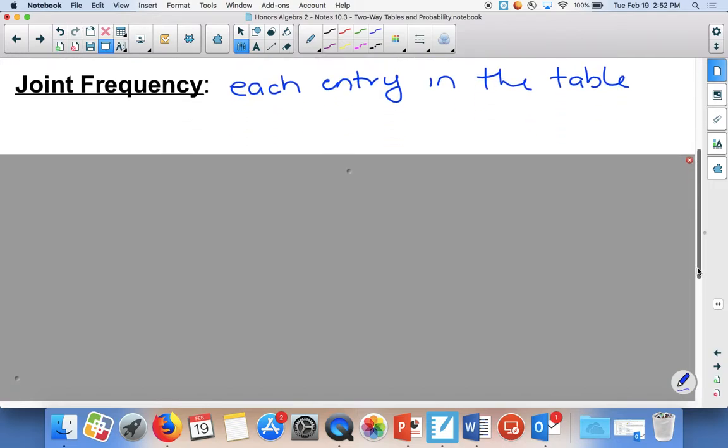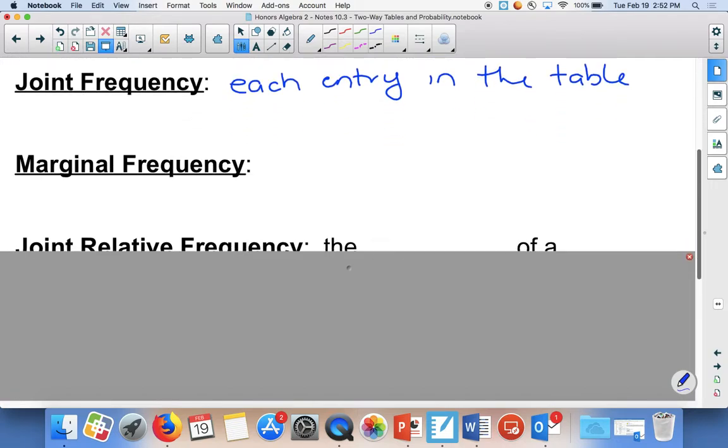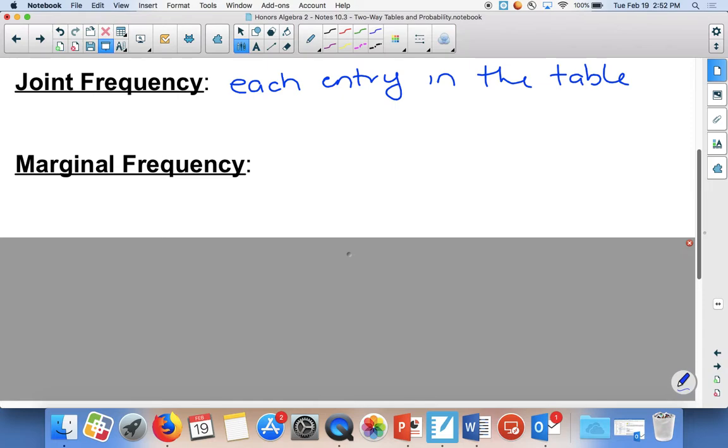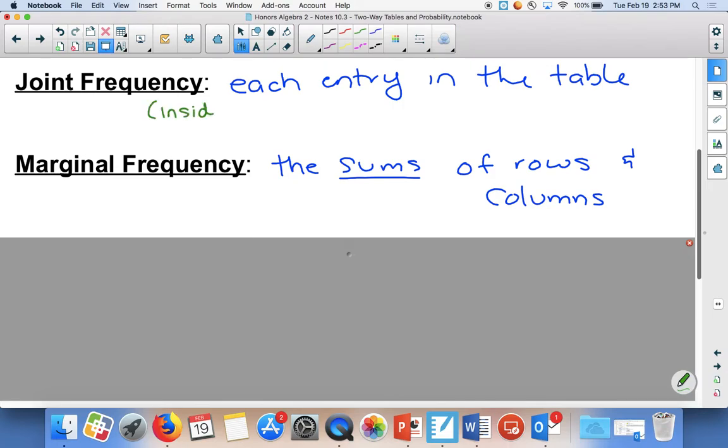Now, the difference between a joint frequency and a marginal frequency: the marginal is the sum of the rows and of the columns. So two different things. What I like to think about is that the joint frequencies are on the inside of my table, and the marginal are on the outskirts of the table.